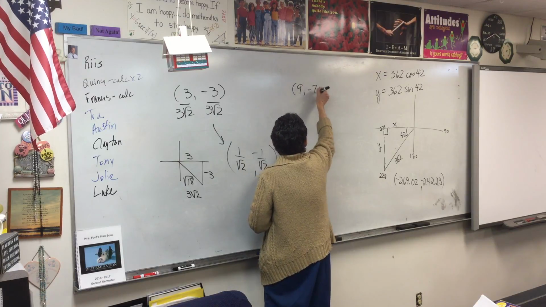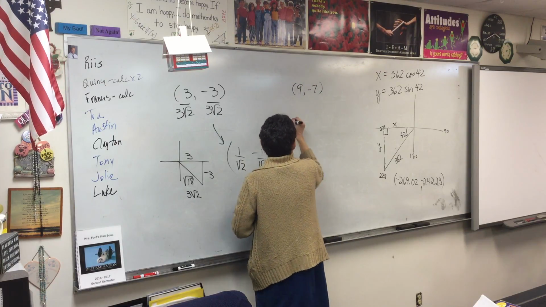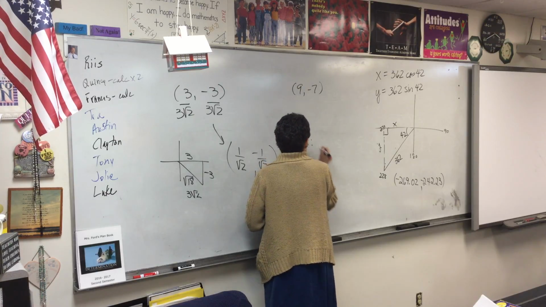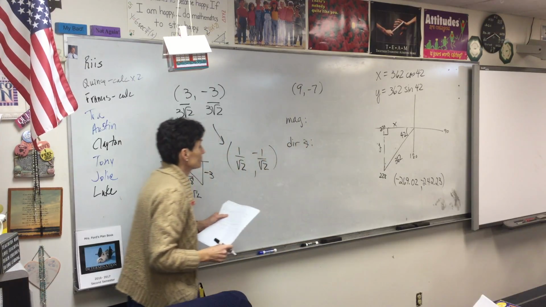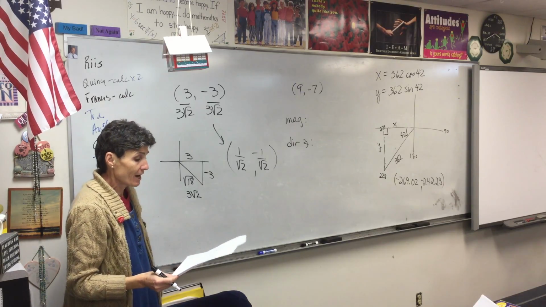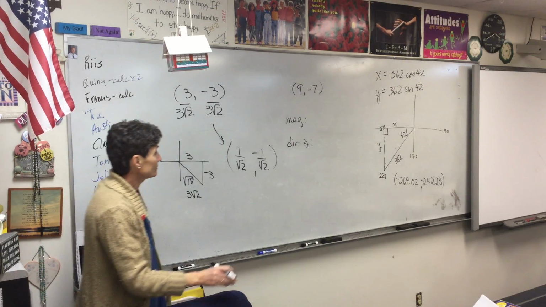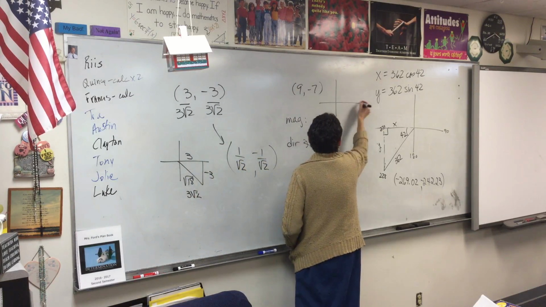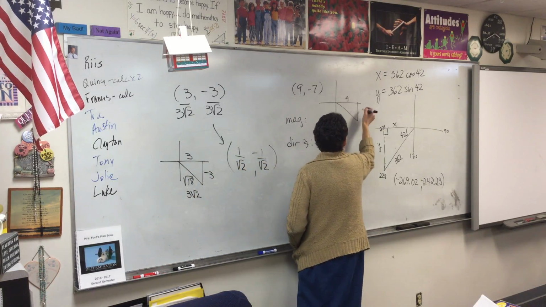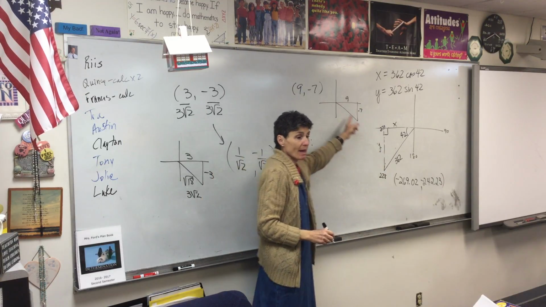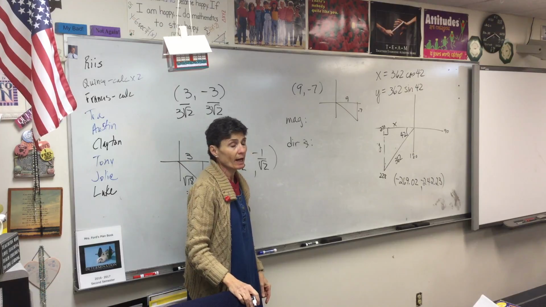Now we've got this vector 9, negative 7, and we want its magnitude and its direction angle. So on number 10, I have a vector 9, negative 7. If I draw a picture of it, it looks like this, over 9, down 7. Can I find its magnitude? I hope so.